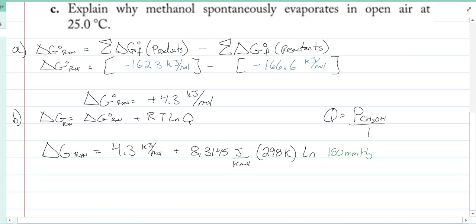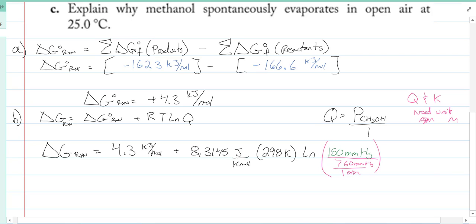Well, I'm going to put in 150 millimeters of mercury. Now, remember, this is important. Q and K need units of atm or molarity. So to do that, I'm going to divide by 760 millimeters of Hg is 1 atmosphere. And that will make my units work out.